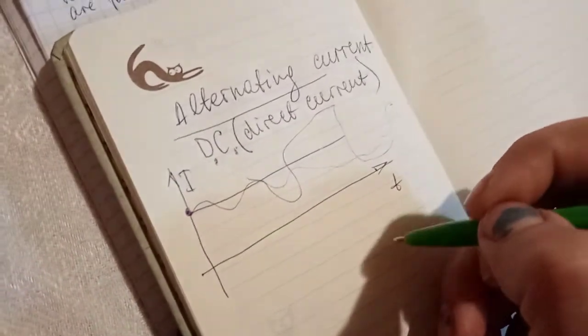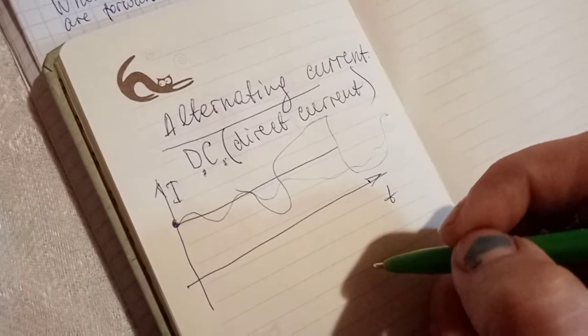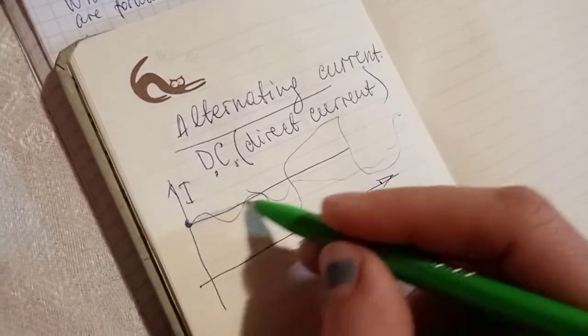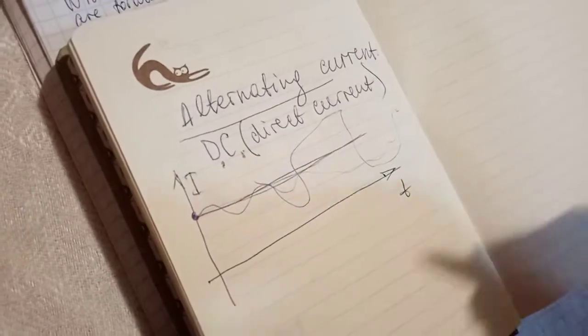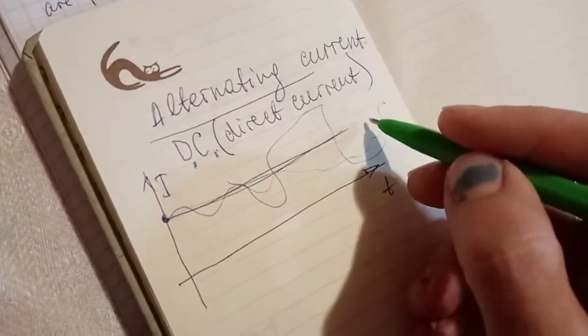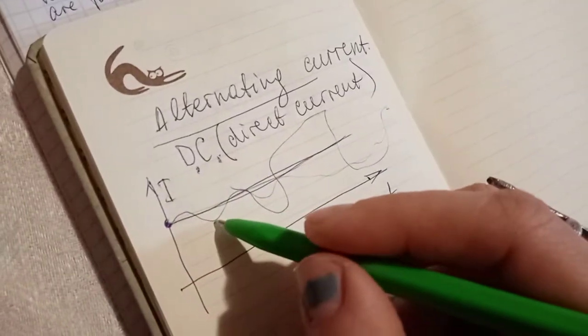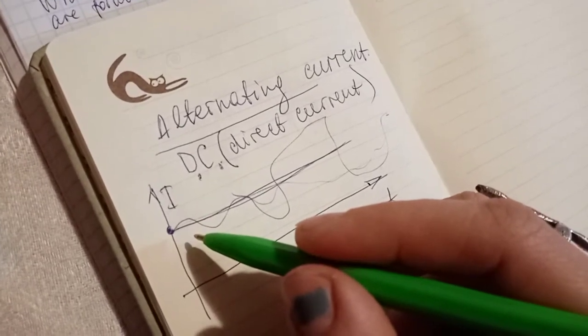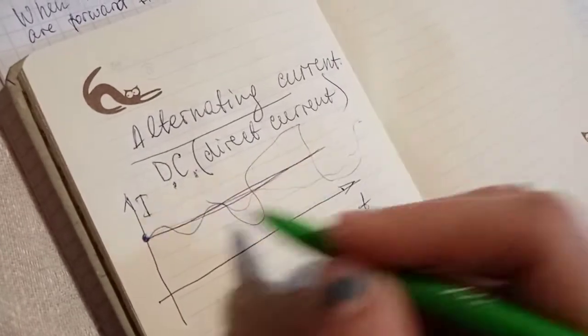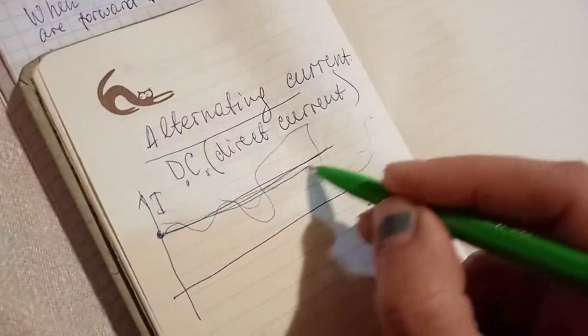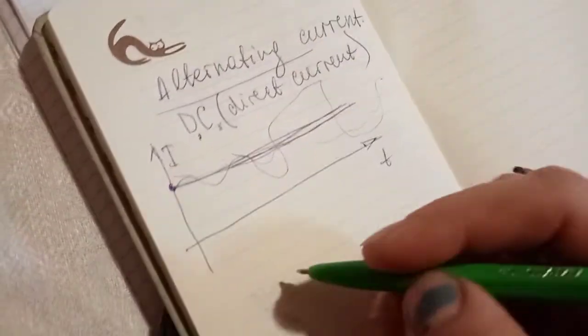But mostly when we talk about direct current, it's the current that does not change, and we want to make this current look like that, and to make our not very beautiful function more beautiful and more direct, more straight.